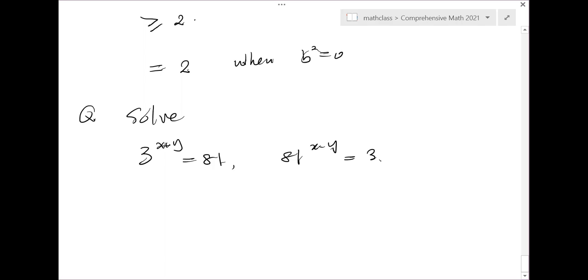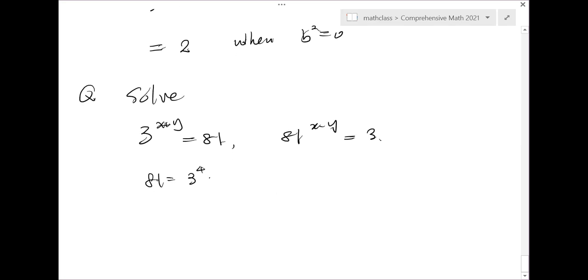Okay, great. I found out, well, yeah, using a proper fraction should be better, Grant. Yes. Okay. So the idea is very simple, right? 81 is going to be 3 to the fourth power. So from the left hand side, x plus y equals 4.